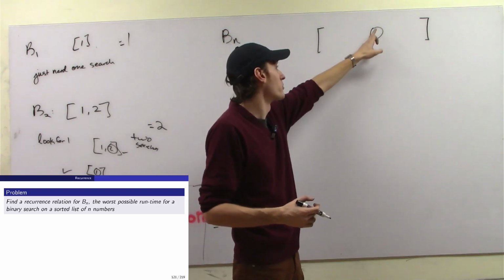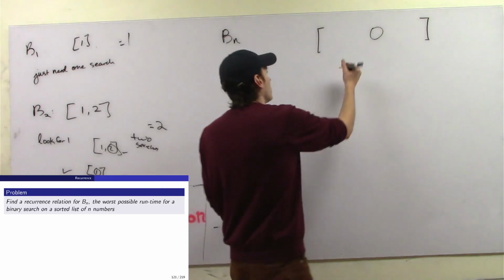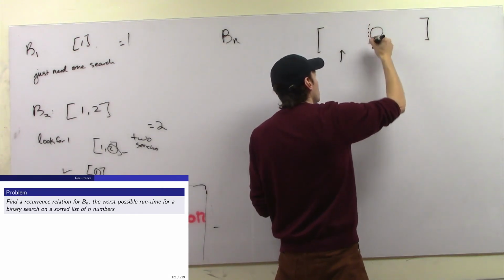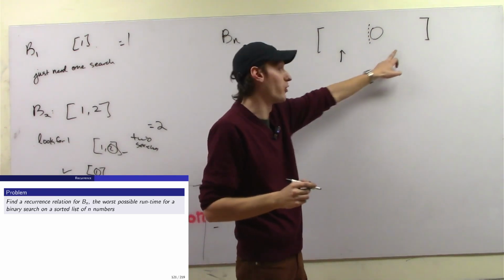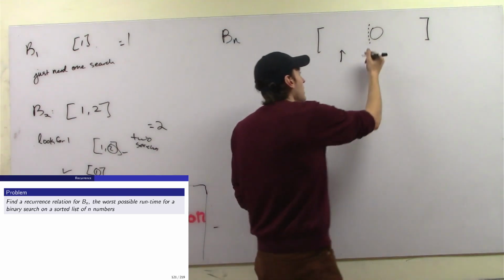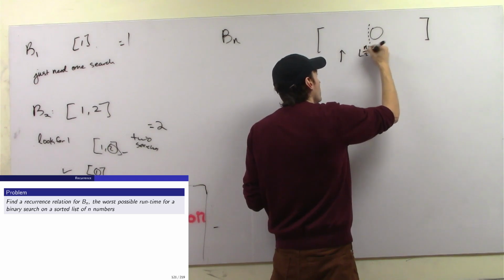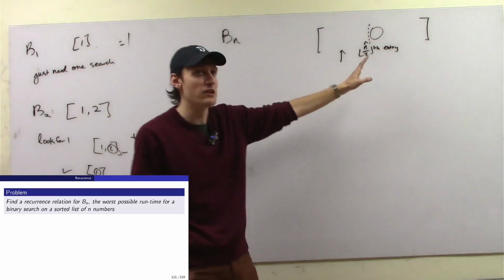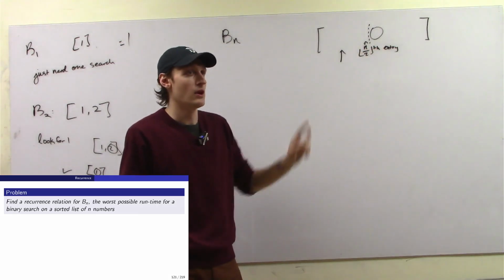If the number is smaller than this, throw away this and everything above. Suppose it's smaller, so I throw this piece away. If the whole thing is a list of length n, this is the floor of n over 2 entry. You split a tie, you go above, so this is the floor of n over 2 to the left right here.